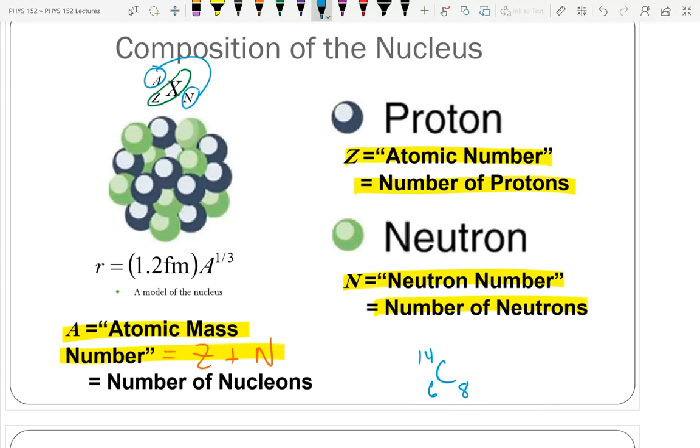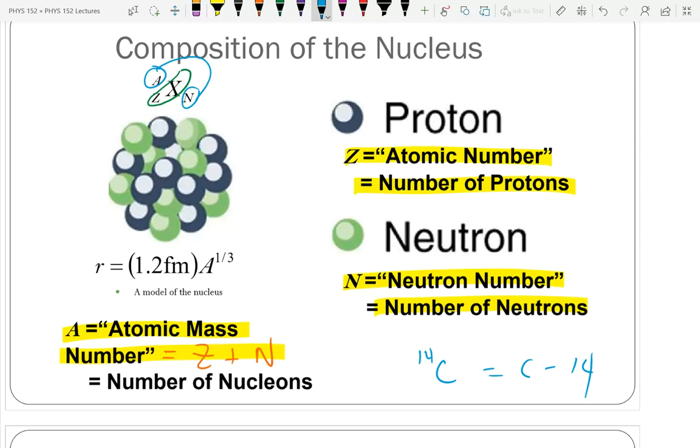The 2 bottom numbers equal the top number. But we usually erase both of those and just put carbon-14. Or sometimes they'll write it as C-14. Because the carbon tells us 6, and 14 minus 6 tells us 8. That's all we need to know.